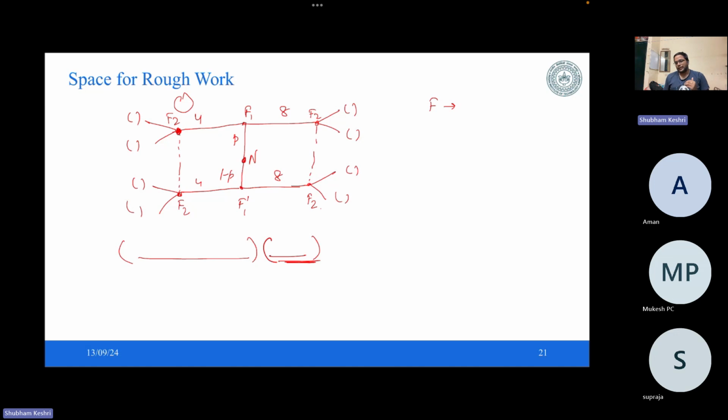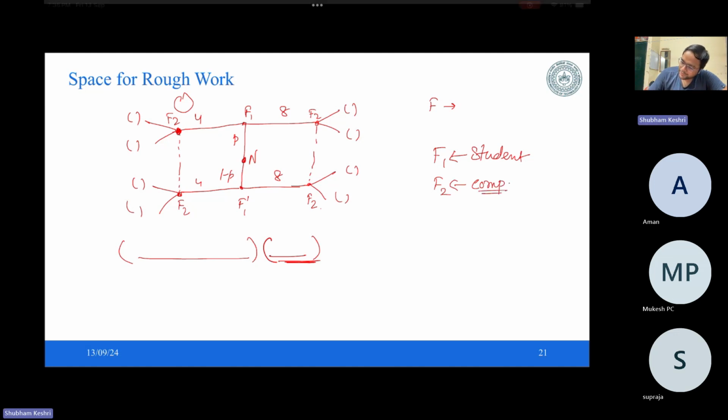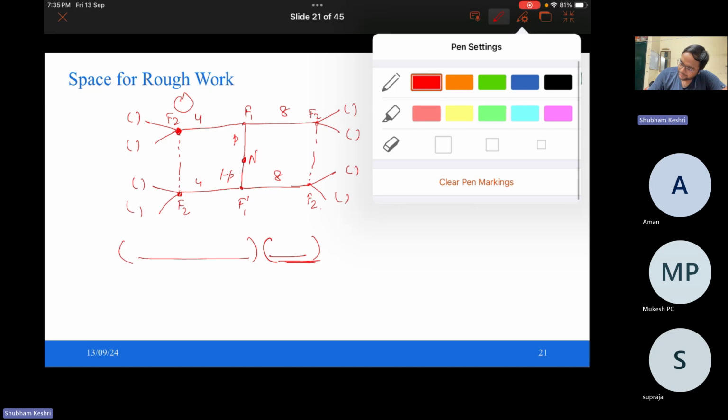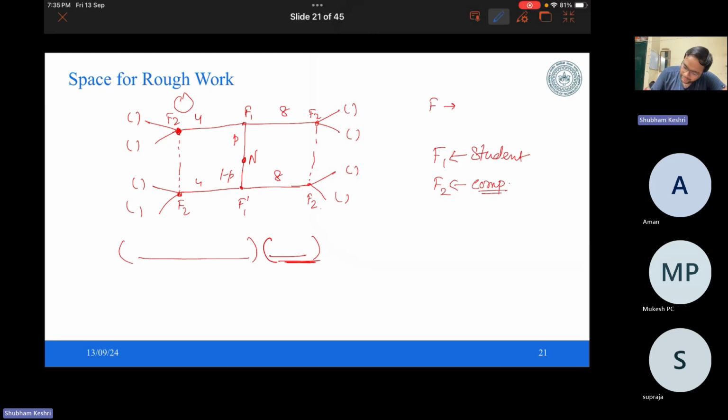So I'll give you one example. Suppose instead of firm one or firm two, let us assume firm one is a student and firm two is a company. And I'll use another color maybe. Suppose this strategy is school pass out and this is college pass out.